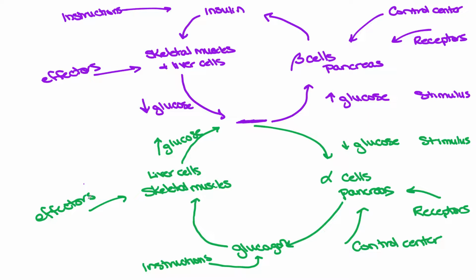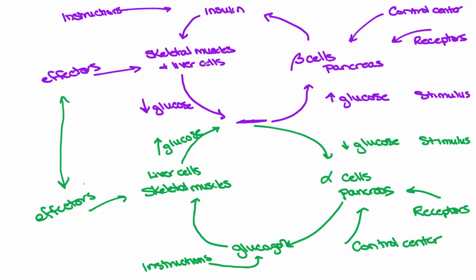Remember, in calcium homeostasis, we had two different stimuli, either high or low calcium, two different control centers and receptors, and we had two different hormones, and we had a bunch of different effectors. This system is a lot simpler in that we have two different stimuli, two different receptors, two different control centers, and two different hormones, but our effectors are the same.